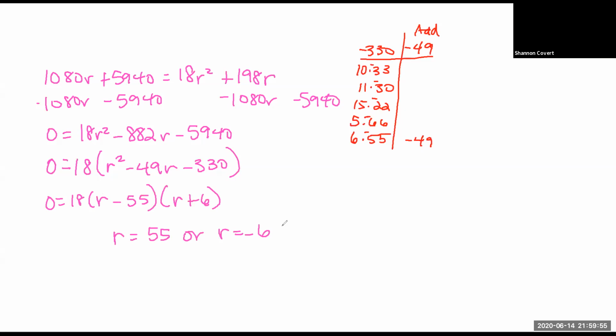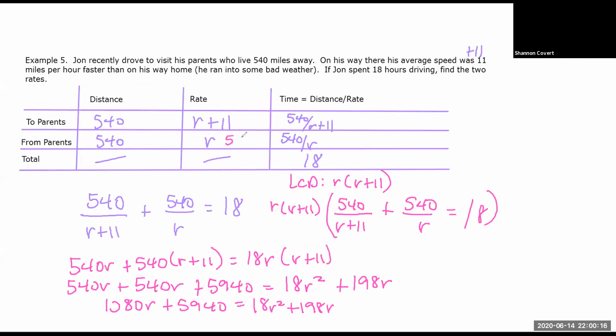Now we're talking about rates, which means I cannot go negative miles per hour. I will throw out this solution. And the problem is asking if John spent a total of 18 hours driving, find the two rates. R is 55. R plus 11, 55 plus 11 is 66. So our two rates are 55 miles per hour and 66 miles per hour.